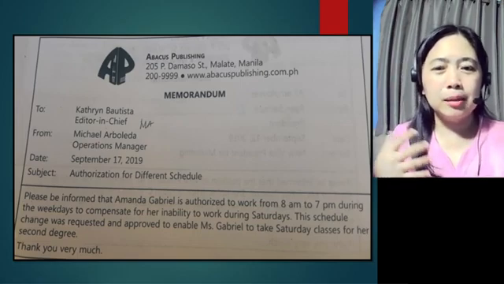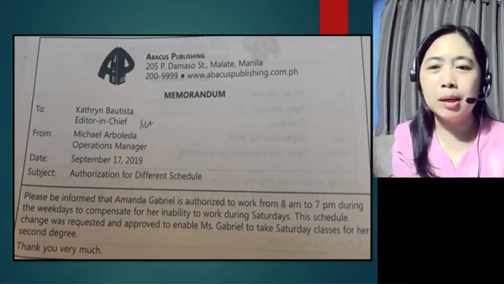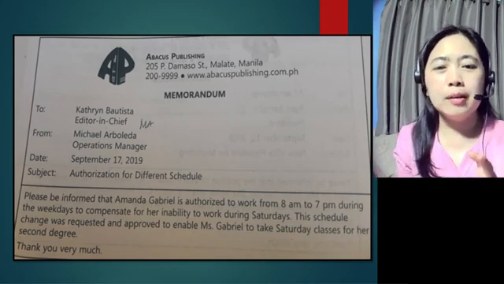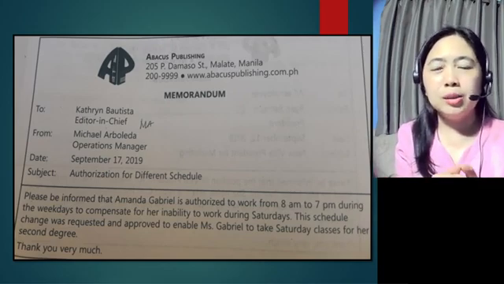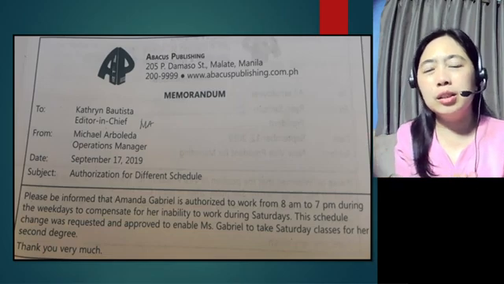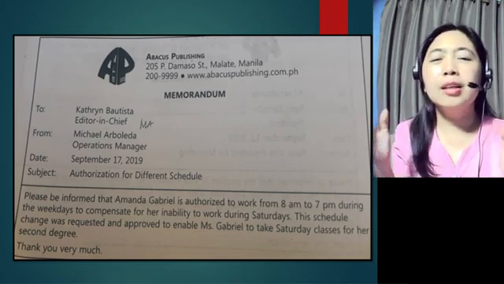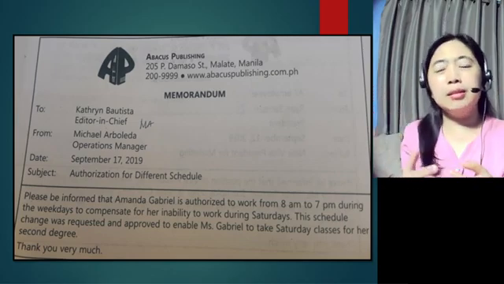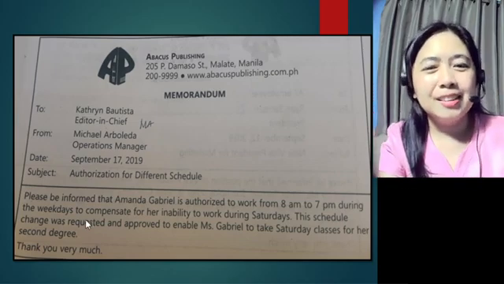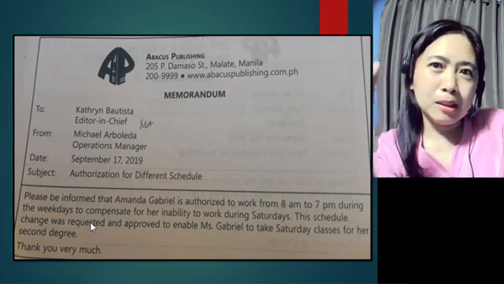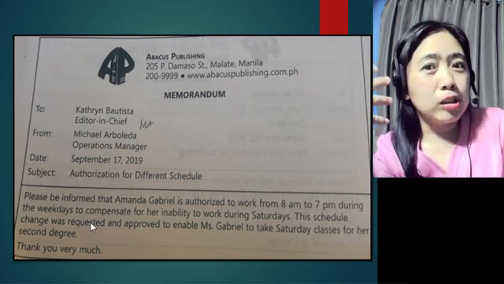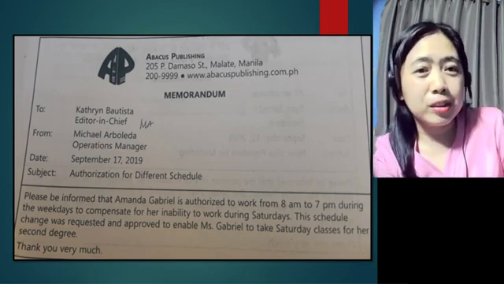In her case, she had a request memo to be allowed not to work on Saturdays because she will use that day for her master's, or her second degree. So once the request memo is approved, you can also have that one for your authorization memo.